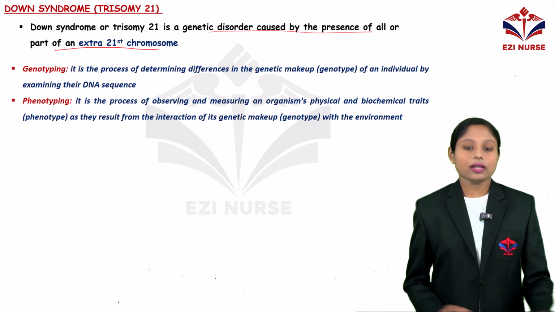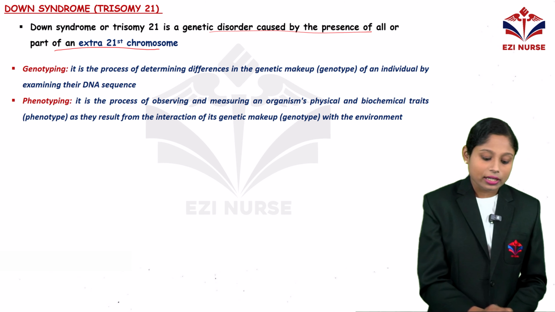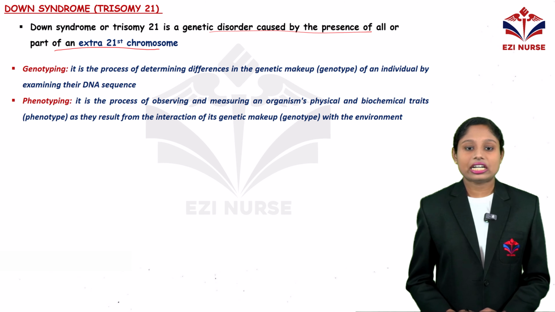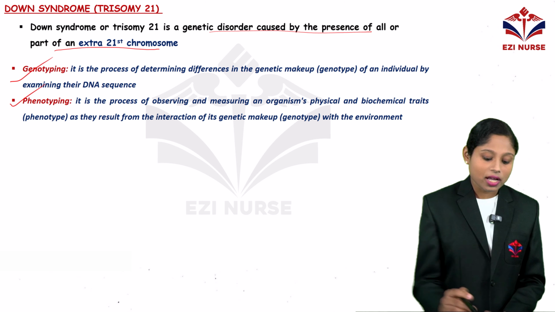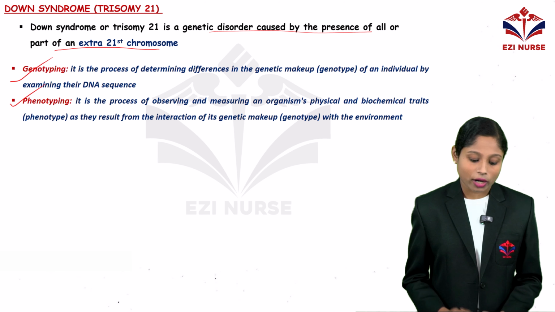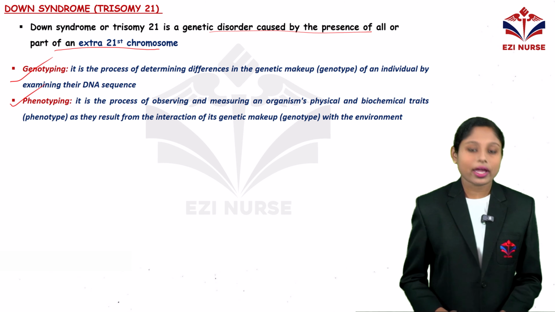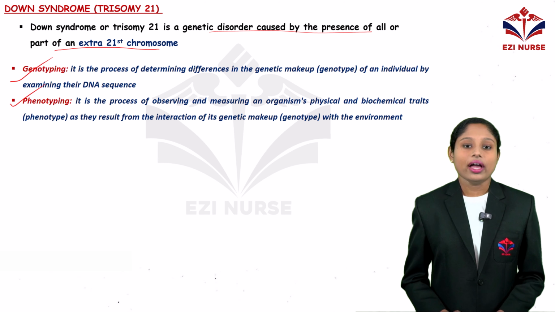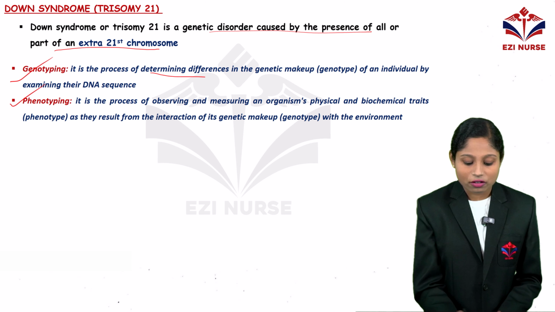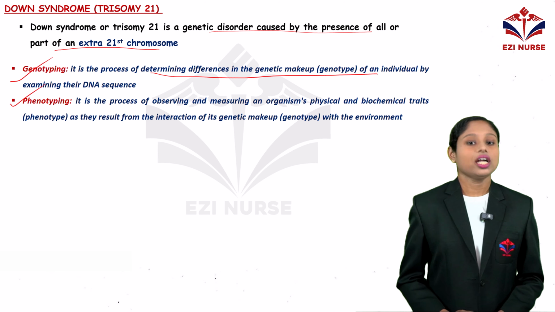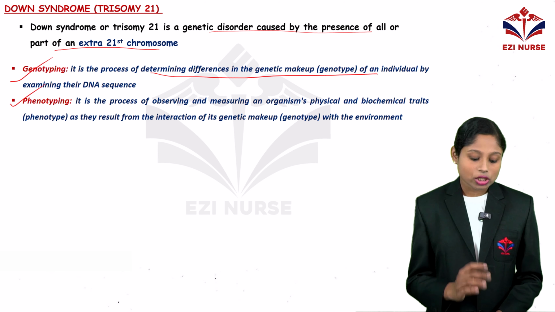Another important question we are going to discuss is the tests used to identify genetic disorders, that is genotyping and phenotyping. So what is genotyping? It's the process of determining differences in the genetic makeup of an individual by examining their DNA sequence. So by examining the DNA sequence, we can identify differences in the genetic makeup of an individual. That test is called genotyping.